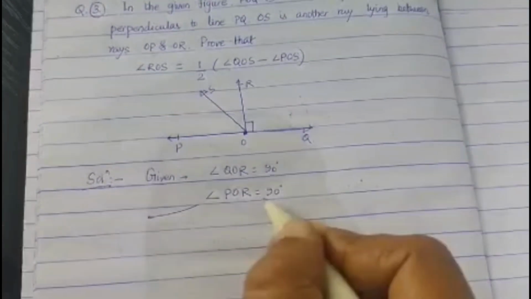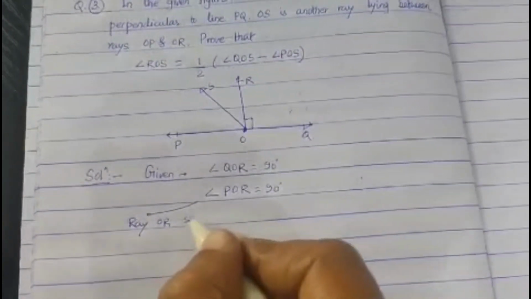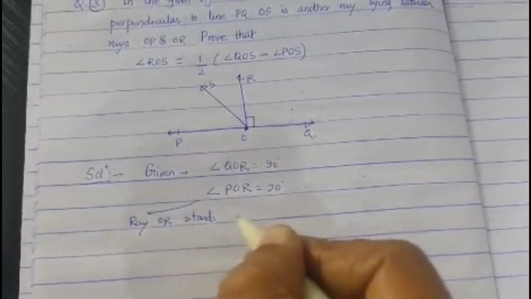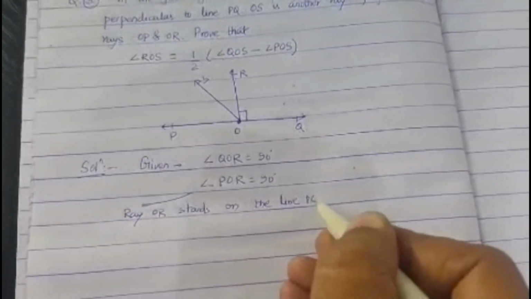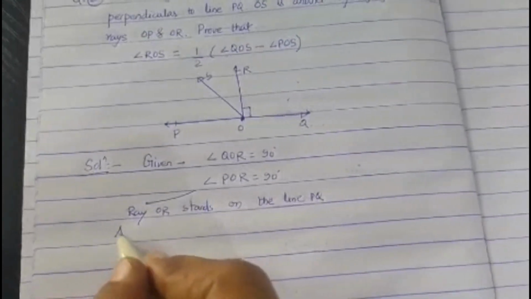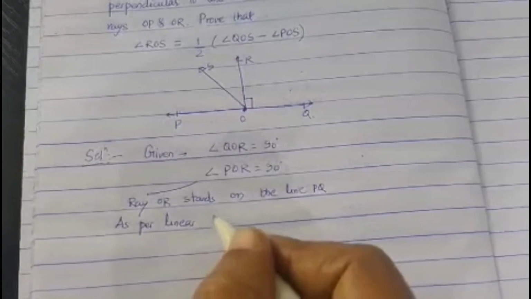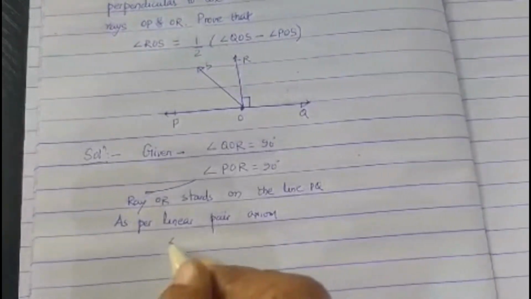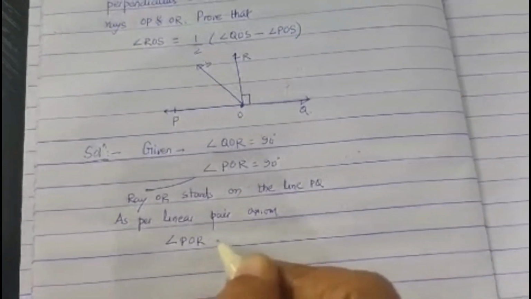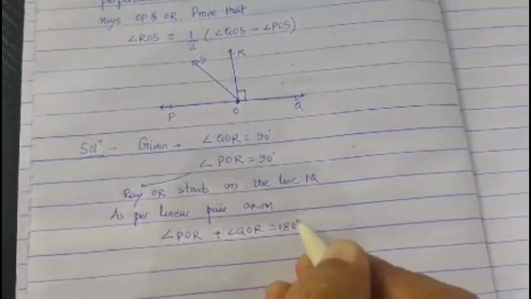Let's write how it is 90 degree. Ray OR stands on the line PQ. So as per linear pair axiom, angle POR plus angle QOR is equal to 180 degree.